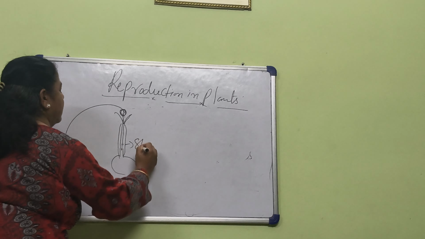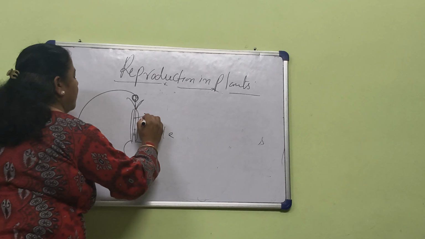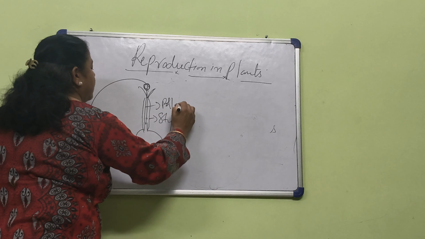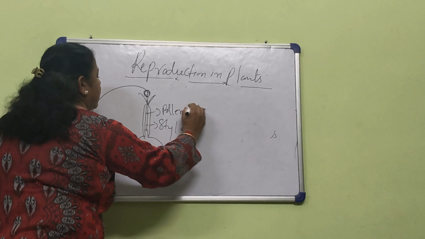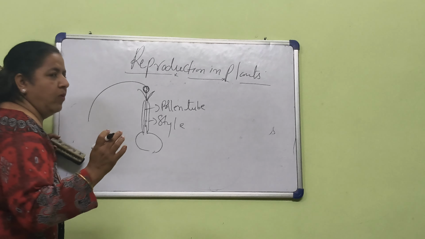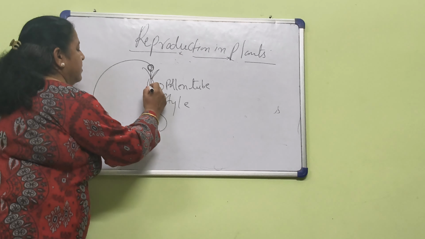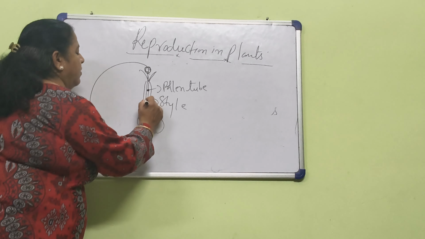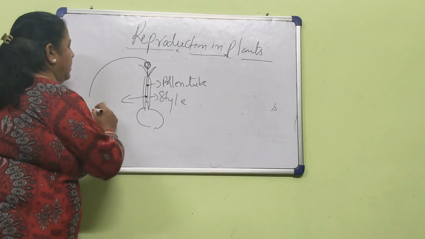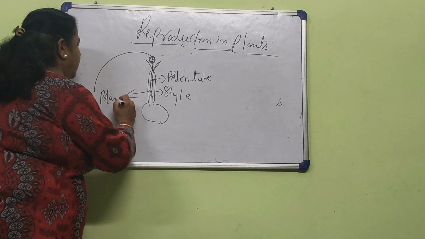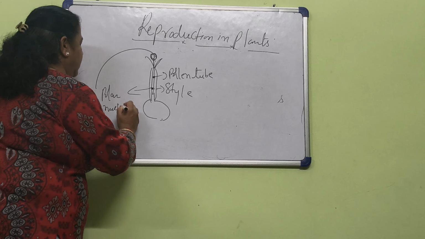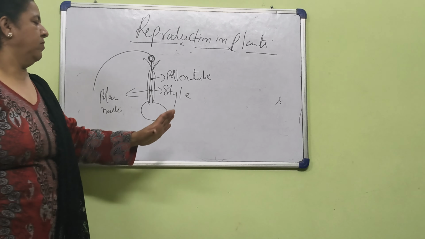This is the style, and this is the pollen tube, which is formed by the pollen grain. So this is called pollen tube formation. This pollen tube consists of two nuclei. These are known as polar nuclei.